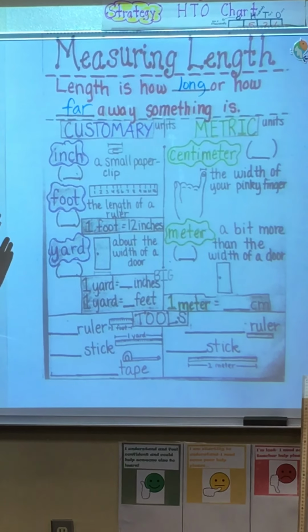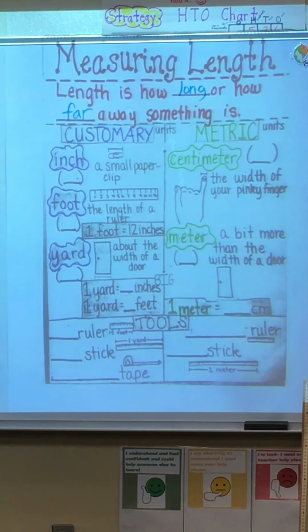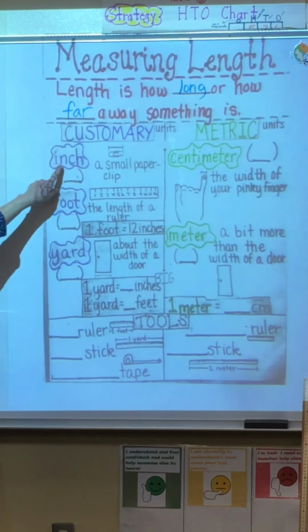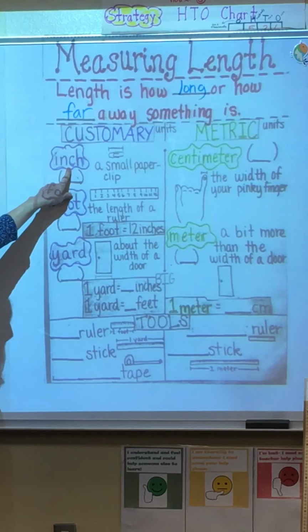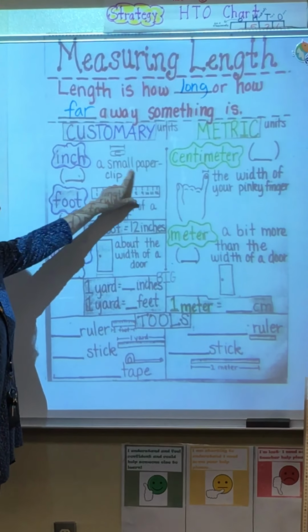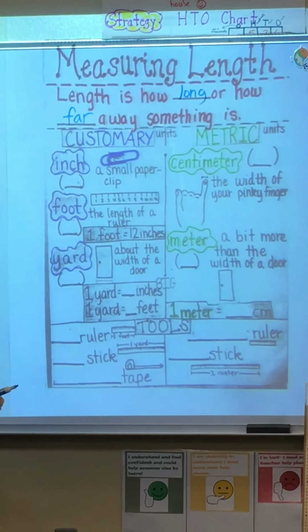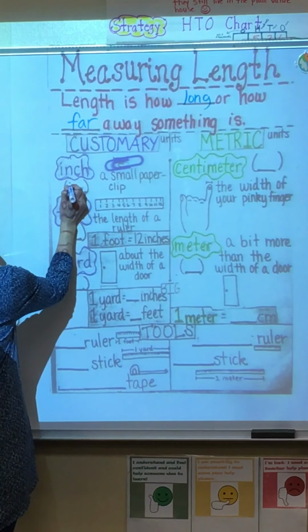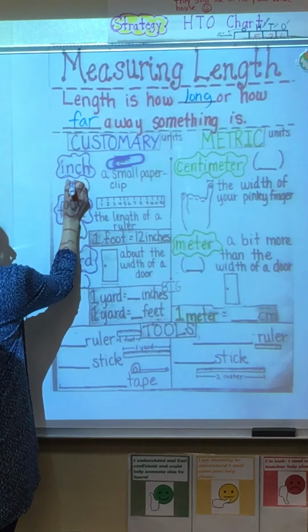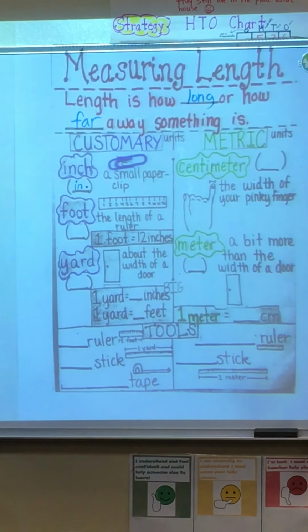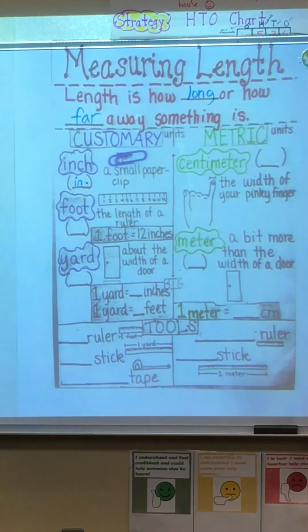The customary unit is what we use in the United States mostly. We have the word inch, and it's very similar to a small paper clip. That is about an inch, and we can abbreviate it by IN period. An inch is for very small things.